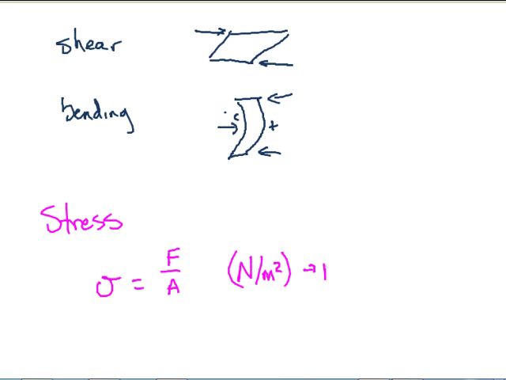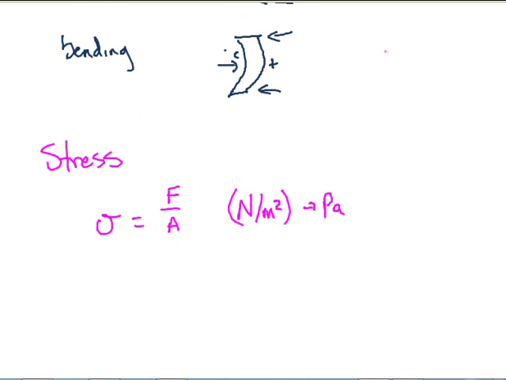Alternatively, it has its own unit called the Pascal, but they are equivalent units. The reason for looking at stress is it gives us a level playing field, a way to compare how the material will act under force regardless of its size.